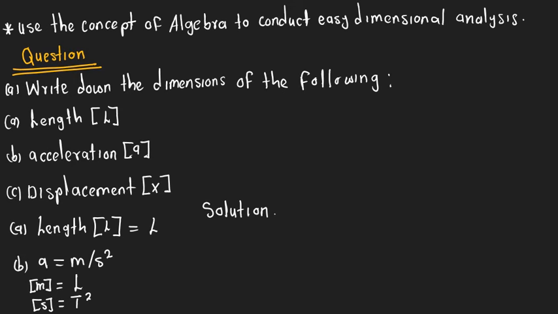Okay, then henceforth we have found that the dimensions for acceleration, where there is the meter, I'll put big letter L over, where there is the time for the second, I'll put big letter T to the power 2. And these are the dimensions of acceleration.